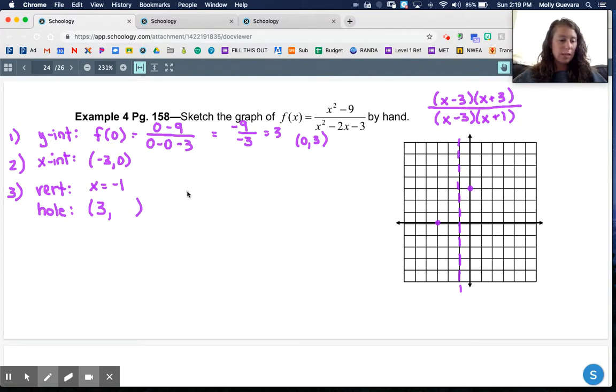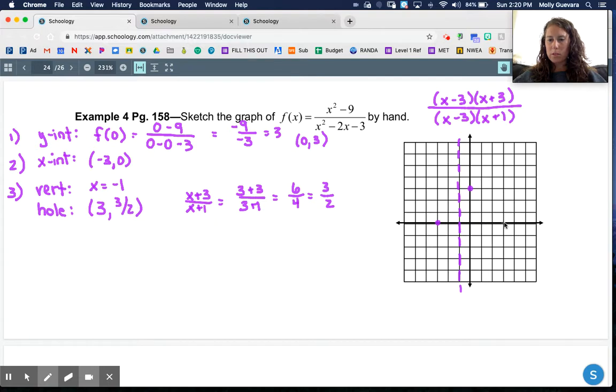You just take your x plus 3, which is what's left over on the top, and your x plus 1, which is left over on the bottom, and you plug in your value 3. So I have 3 plus 3 over 3 plus 1, which is 6 over 4, which is 3 over 2. So I have a hole at (3, 1.5).